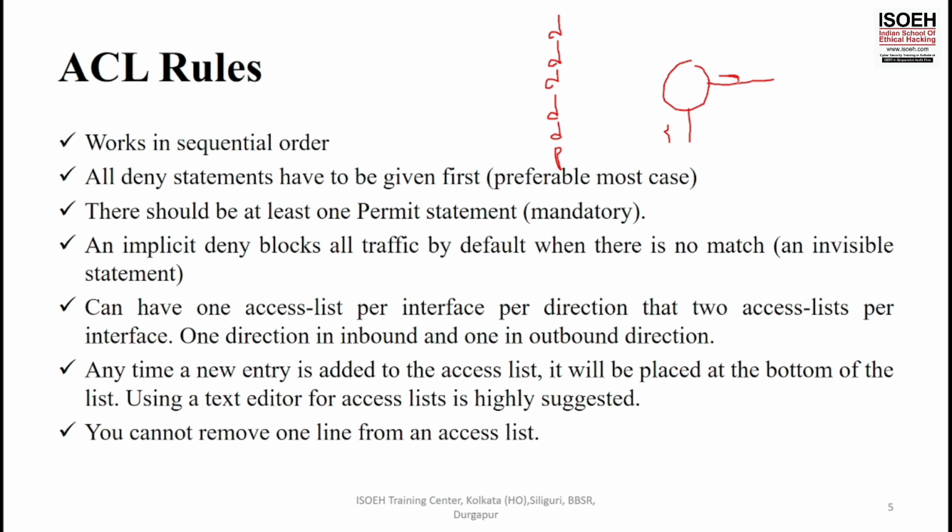Any time a new entry is added to the access list, it is placed at the bottom of the list. Using a text editor for access lists is highly suggested. You cannot remove one line from an access list.